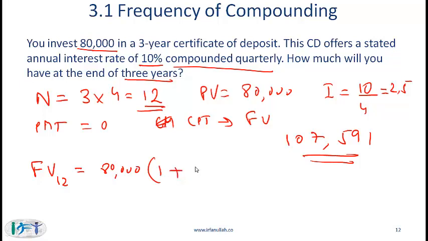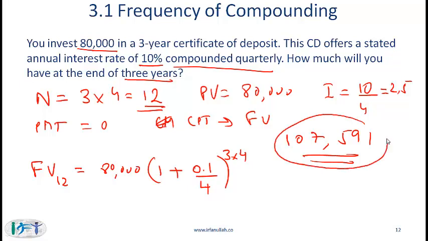Now the interest rate has to be the interest rate per period, which is 0.1, that's the 10%, divided by 4, because we have 4 periods in a year, and then raised to the power of the number of periods, which is 3 years multiplied by 4 periods per year. And when you do this calculation, you should get the same answer.